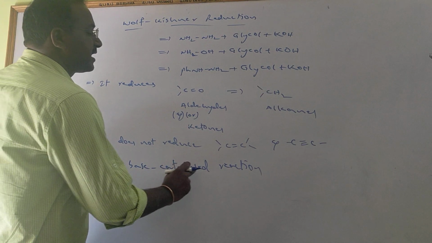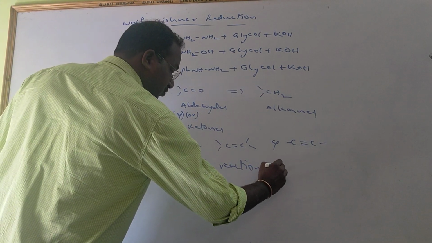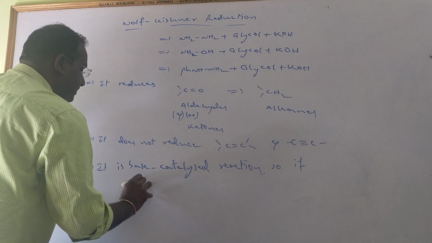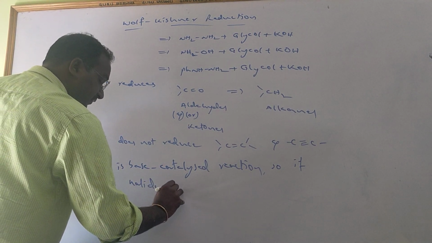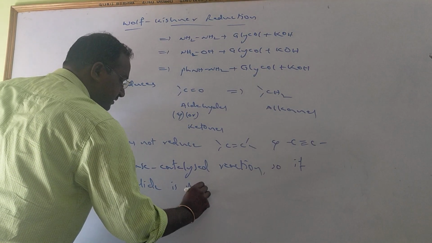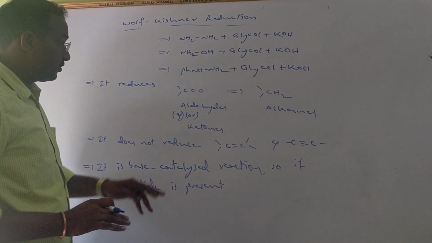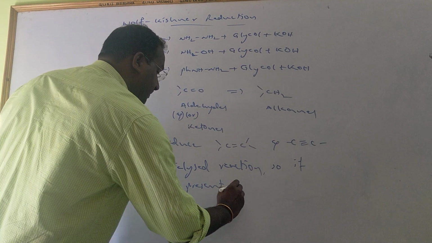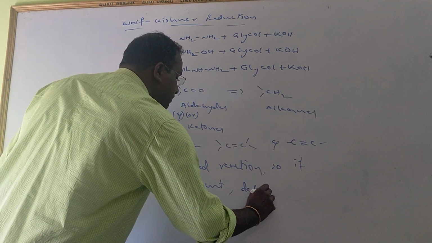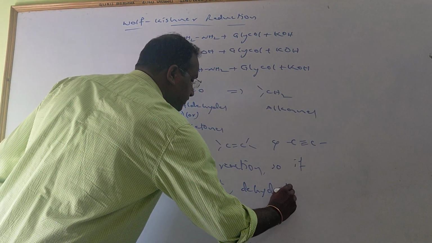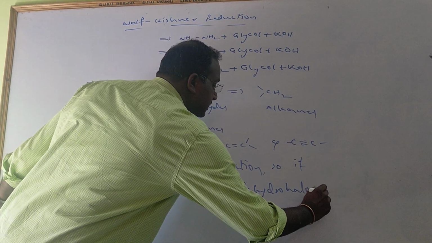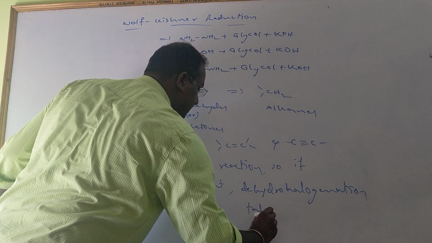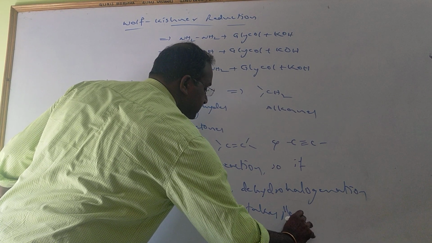So if a halide is present in the organic compound along with this carbonyl group, dehydrohalogenation takes place, if halogen is there.